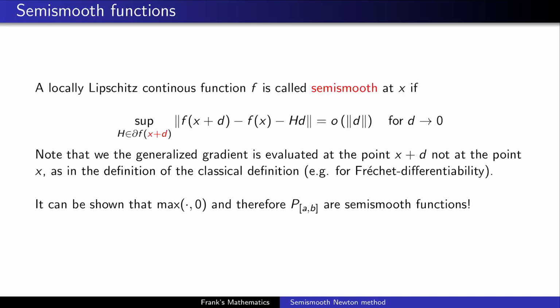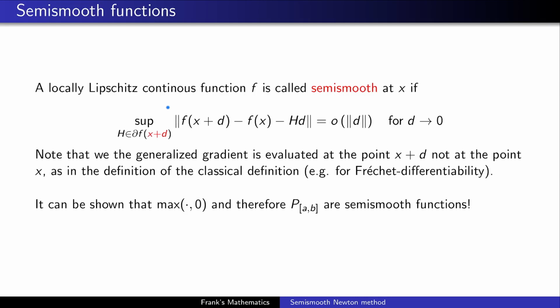Okay. There it is, the definition of semismoothness. We need a locally Lipschitz continuous function, then we call f semismooth at the point x if the following condition holds. Let's take a look at this monster. The right part here should be very familiar because this is the same as for the classical definition of differentiability, for instance in the Fréchet differentiability.